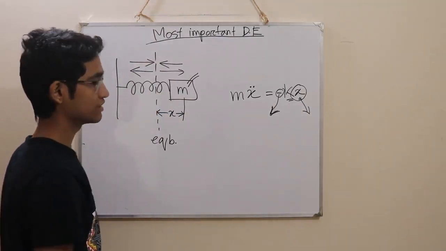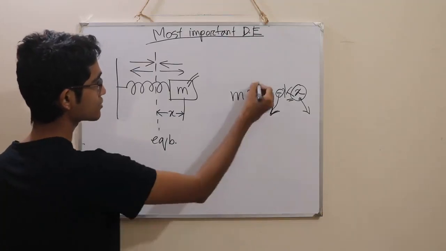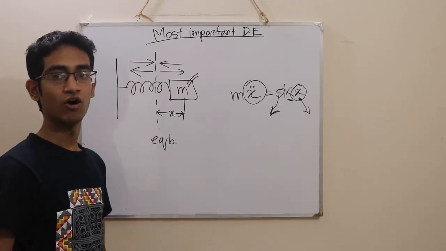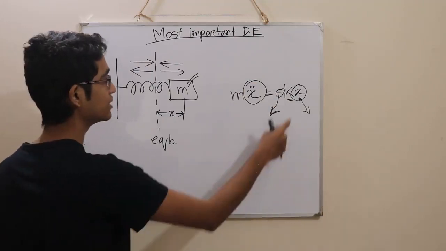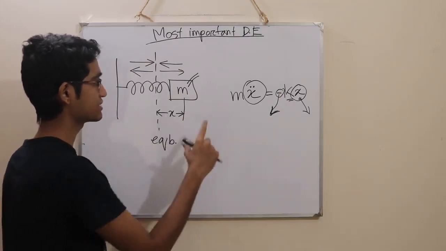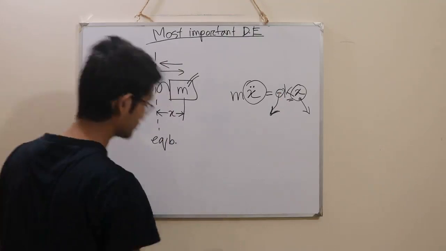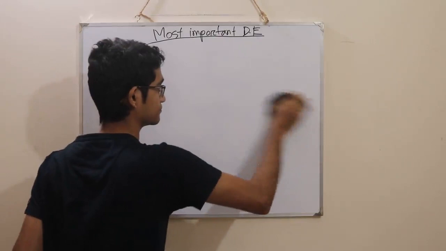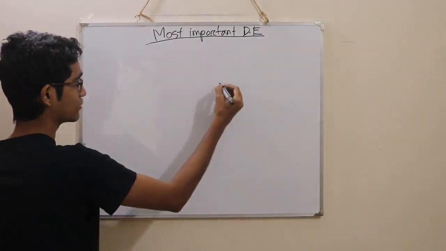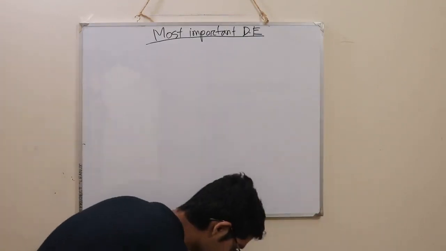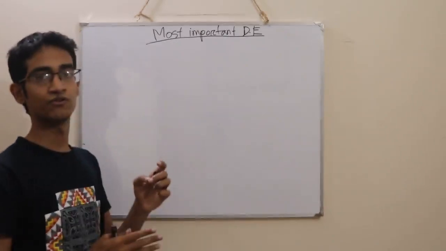So the acceleration of the body due to the spring will always be on the opposite side, negative of the way we displace the body. So the acceleration will always be towards the equilibrium. If we displace it this way, it goes towards the equilibrium. If we displace it this way, it goes towards the equilibrium.